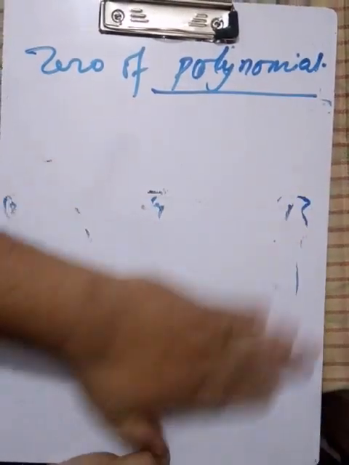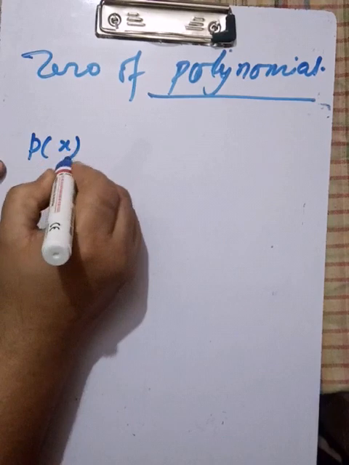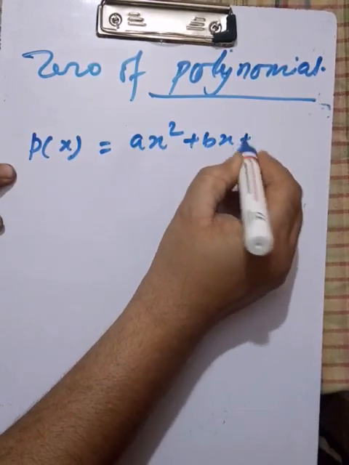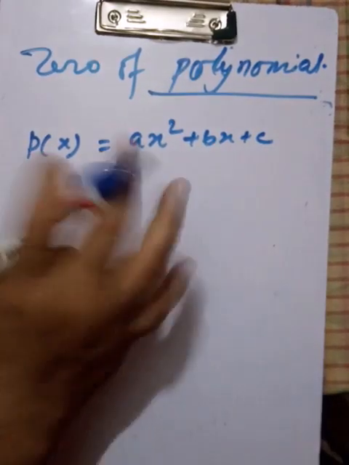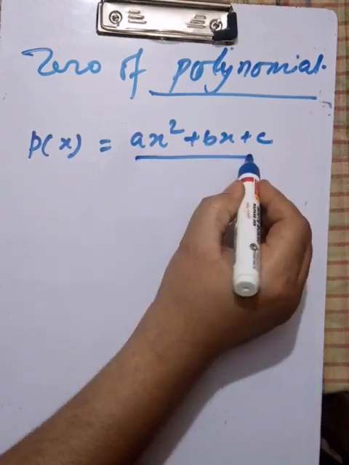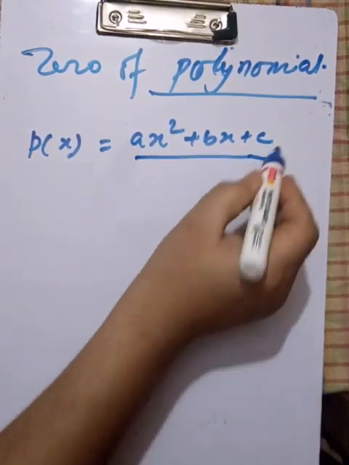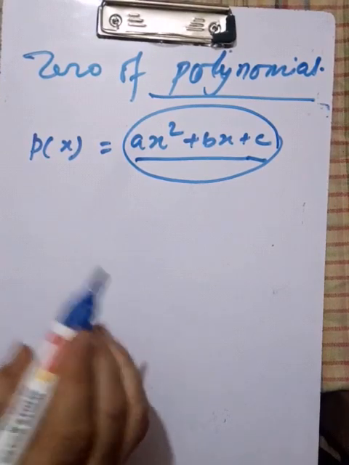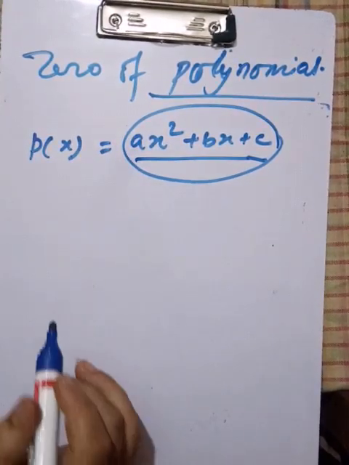Suppose you take a polynomial p(x) equal to ax square plus bx plus c. If you put a number in place of x in this polynomial and you get the value of the whole polynomial as 0, then that number is a zero of the polynomial.